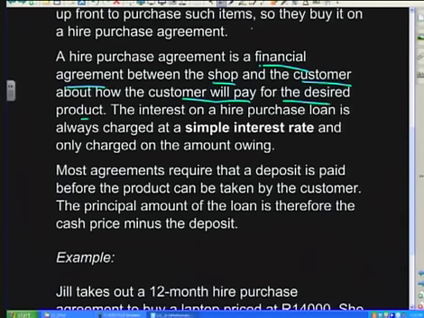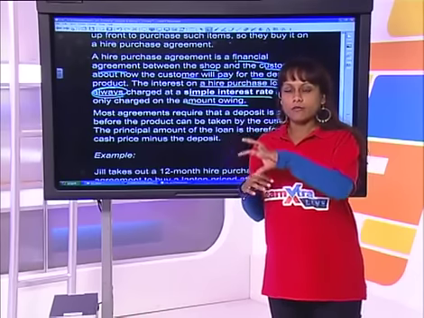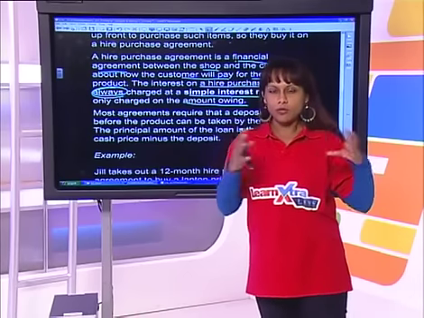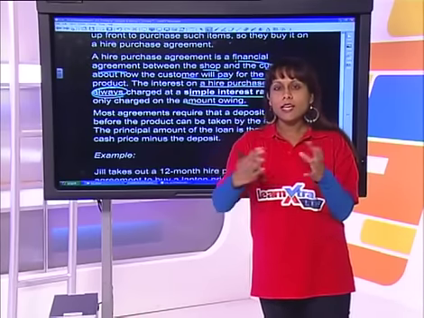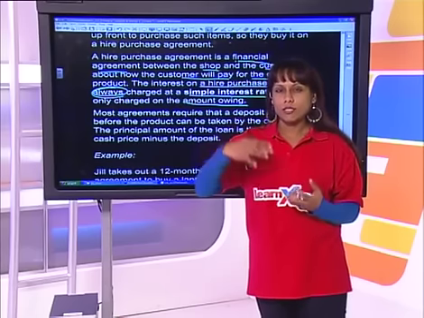The interest on a hire purchase loan is always charged at simple interest rates. Okay, and we only use hire purchase when we work out the simple interest. It's only on the amount that you actually owe, which means that if you paid a deposit, you'll first subtract that deposit off whatever the amount was, and then you will calculate interest on what's left over.